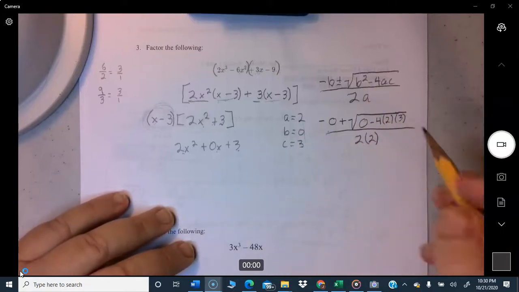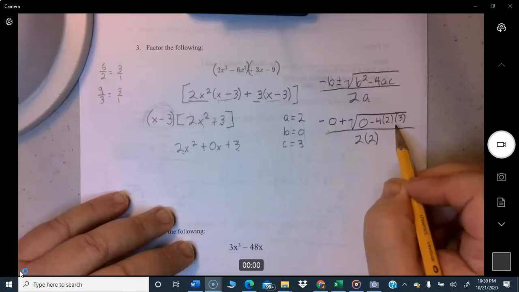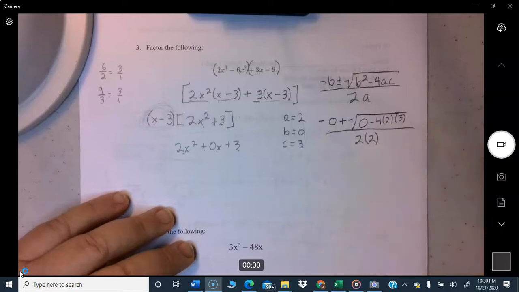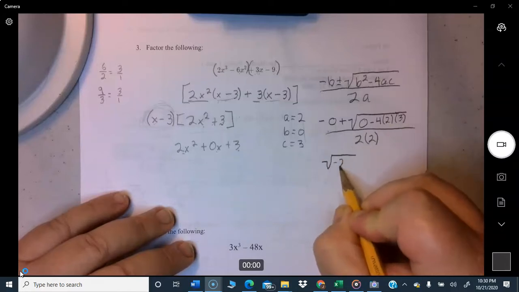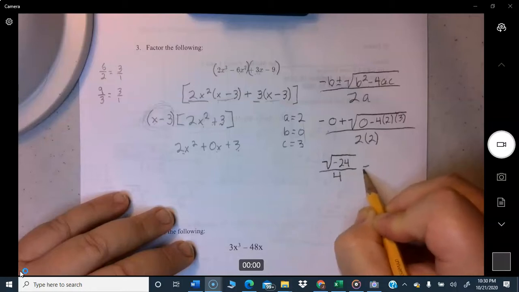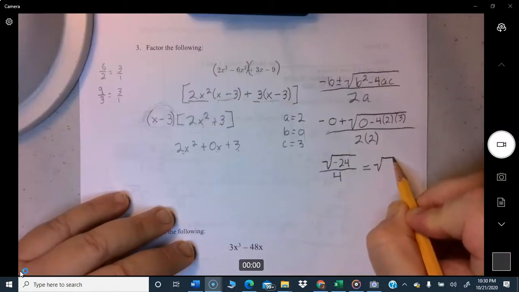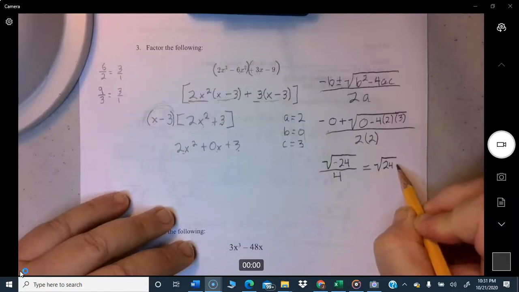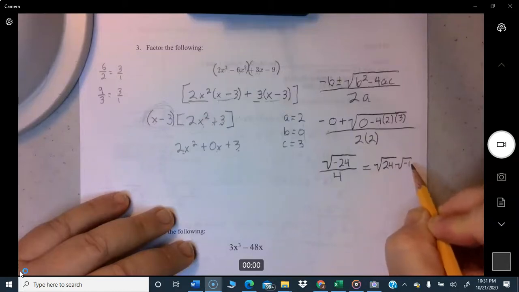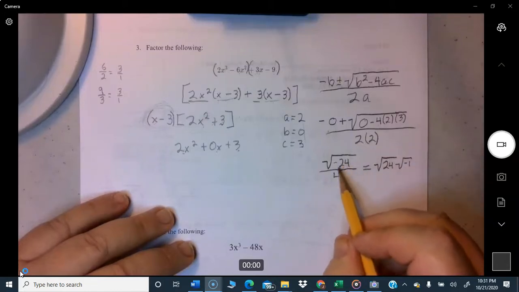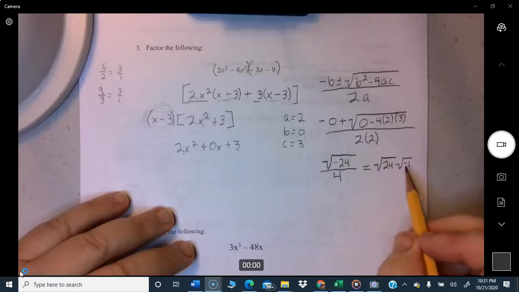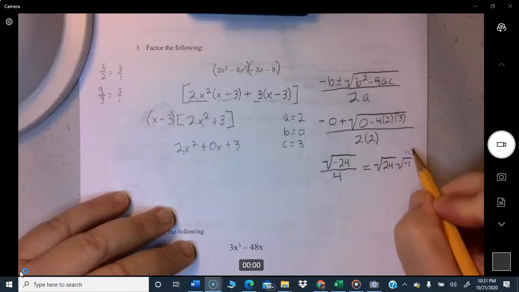So let's simplify. Negative 4 times 2 times 3 is negative 24. So this is going to be, we're going to break this into square root of 24 and square root of negative 1. Again, 24 times negative 1 is negative 24, so I can break those up like that. And again, we know that that equals i.